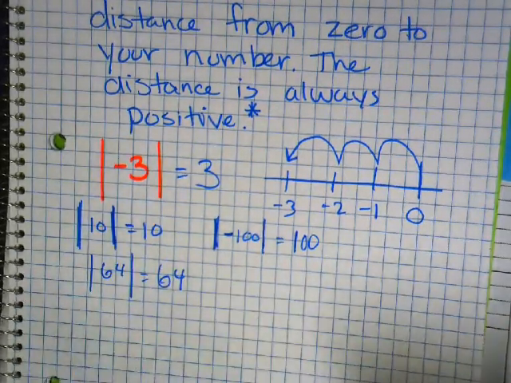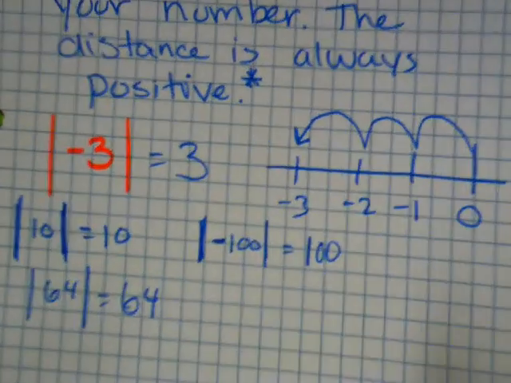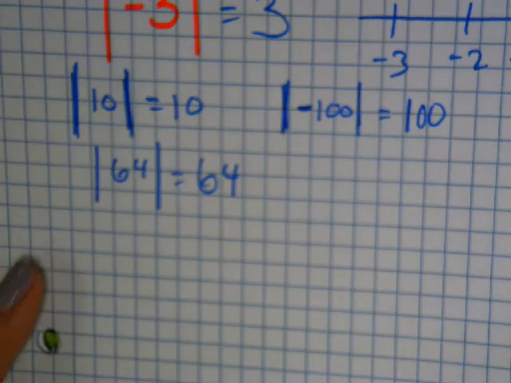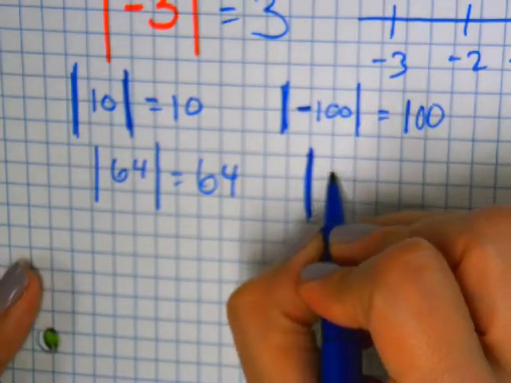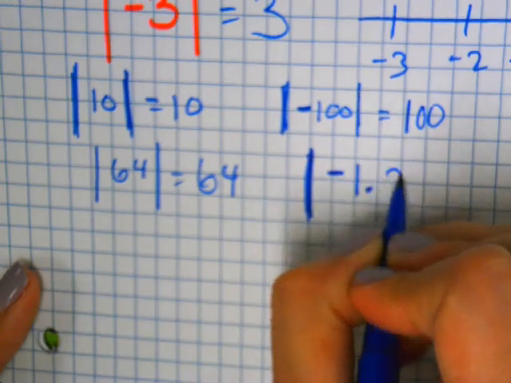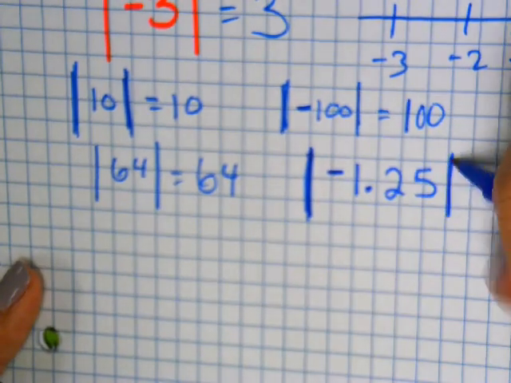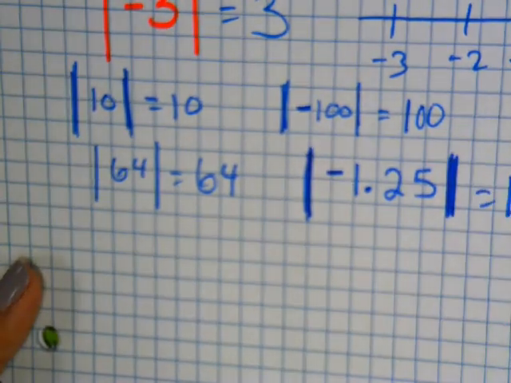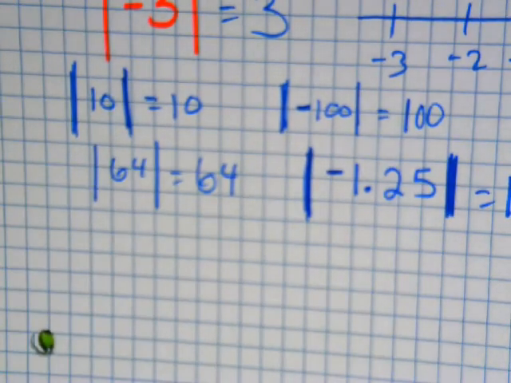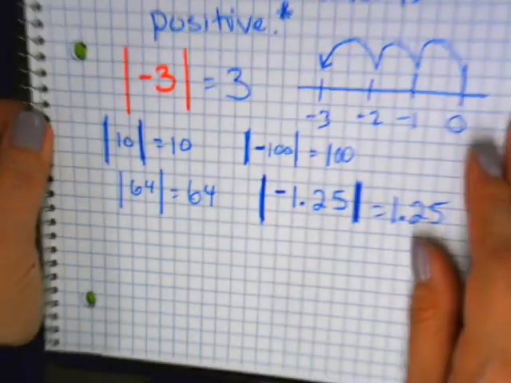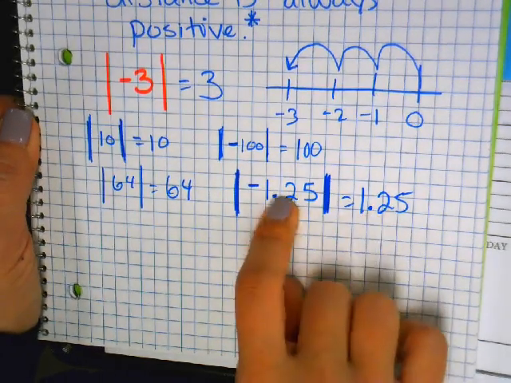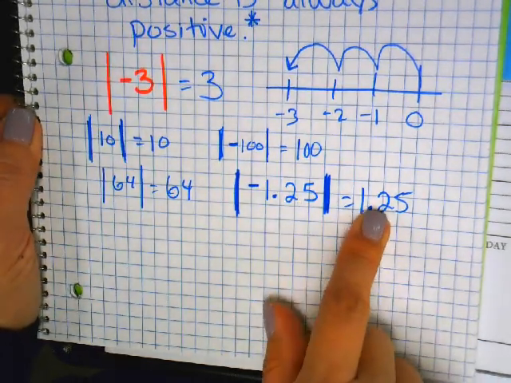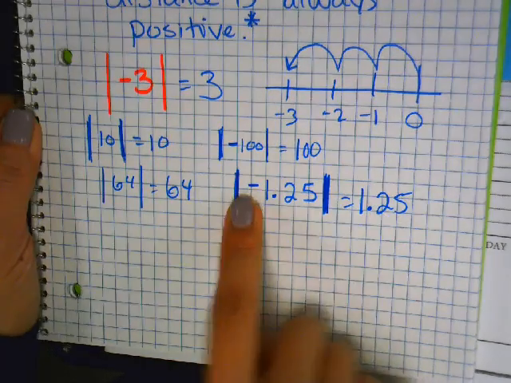So it's basically the number inside with no negatives. Okay, here's a hard one. What's the absolute value of negative 1.25? Exactly. Even if it's a decimal, it's still that distance. Whatever that number is, just write it outside. The only difference is it no longer is negative because it's a distance.